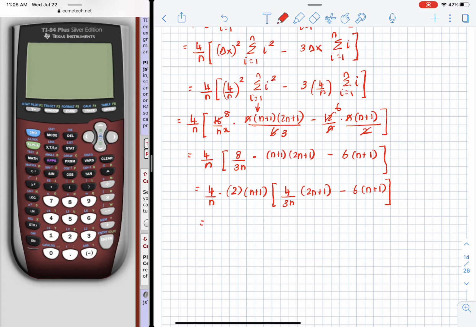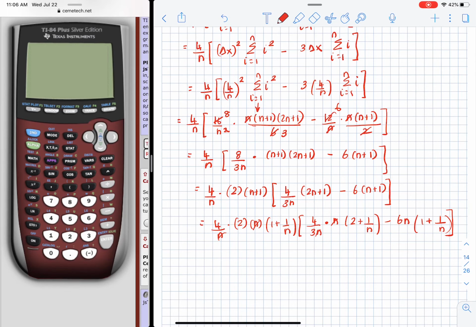So before I take the limit, I'm going to rewrite this as 4 over n times 2, pull n out, 1 plus 1 over n, 4 over 3n, pull the n out, n times 2 plus 1 over n, minus 6, pull n out, 1 times 1 over n. The n's here would get cancelled.